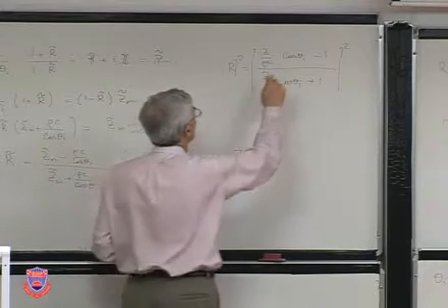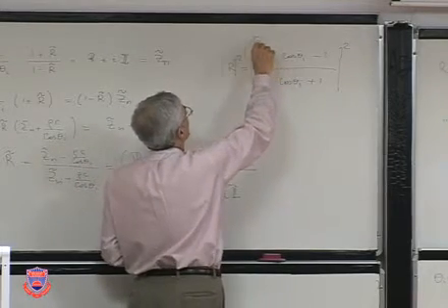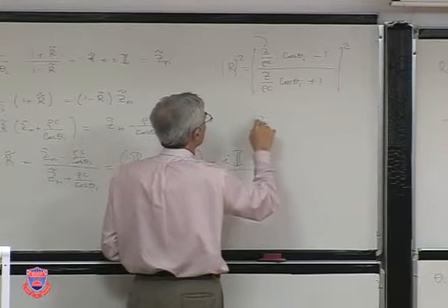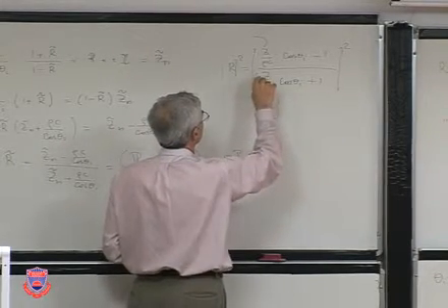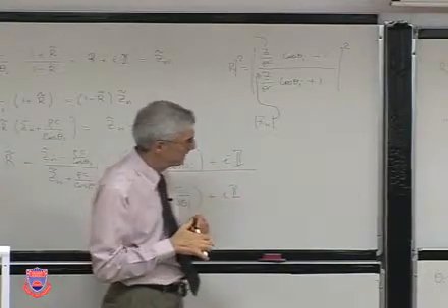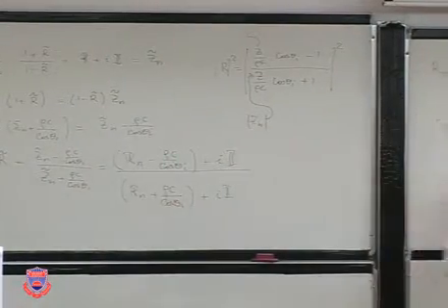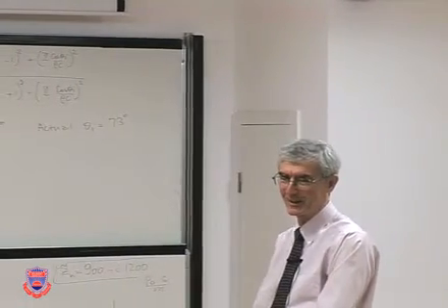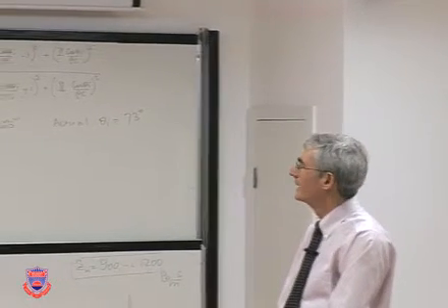So setting that equal to 0, you put in the magnitude of that, and I got the same result: 73 degrees, plus minus 45.